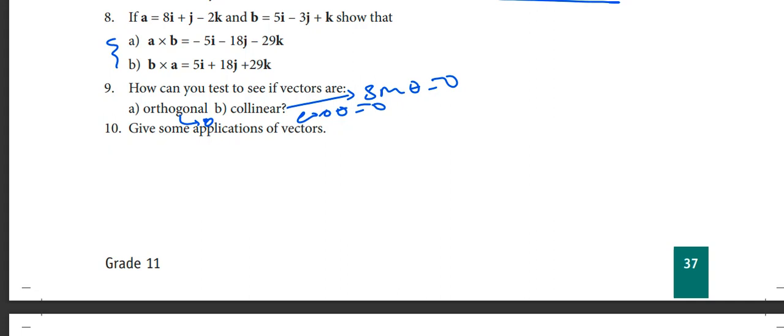Give some application of vectors. Application of vectors እንግዲህ በጣም ብዙ እንደሆነ አይተናል: analyzing the bridge, analyzing the motion of the aeroplane, programming motion or position of an object in a computer game, displaying the graphs, modeling and planning the trajectory.